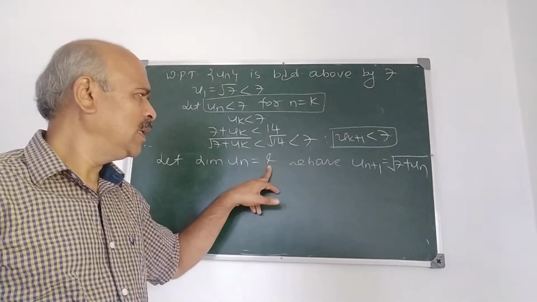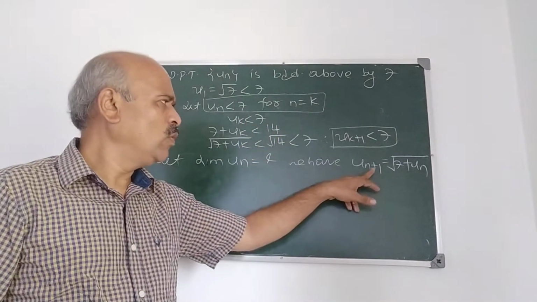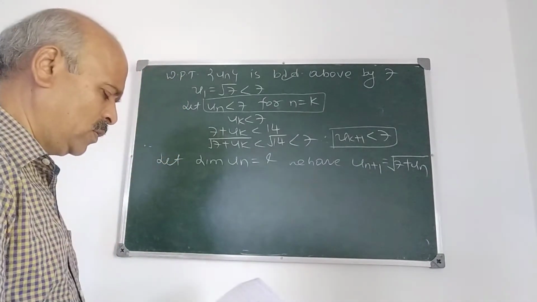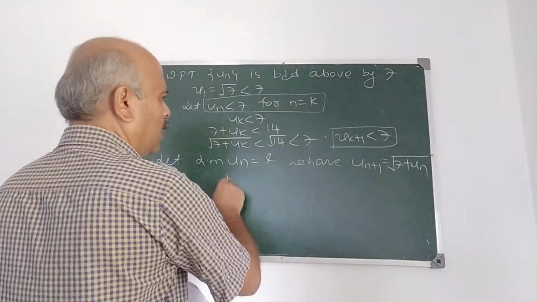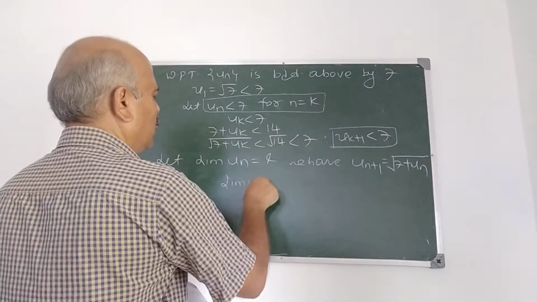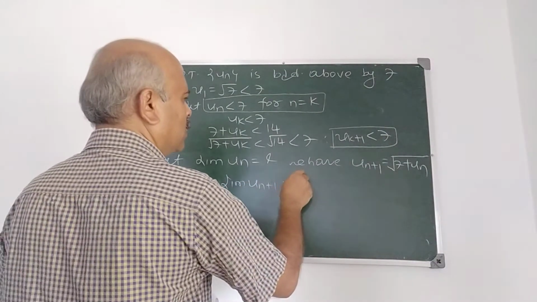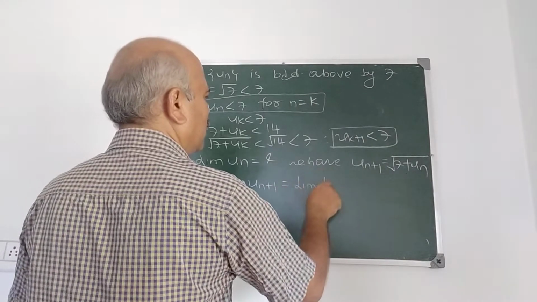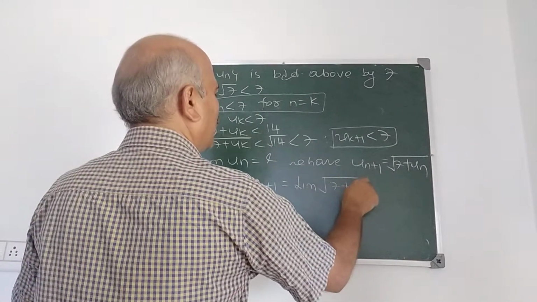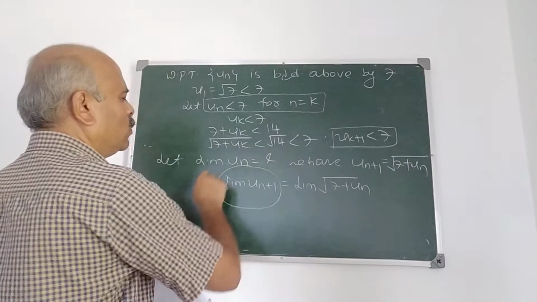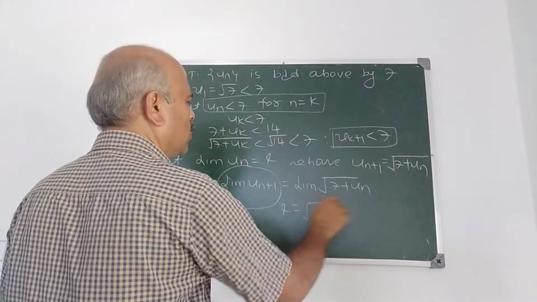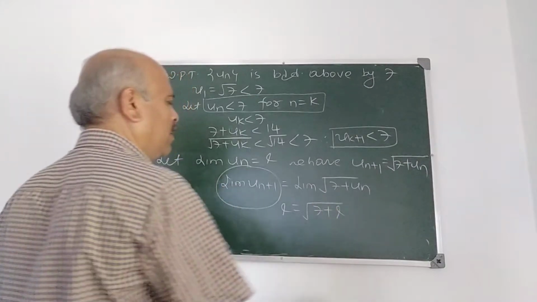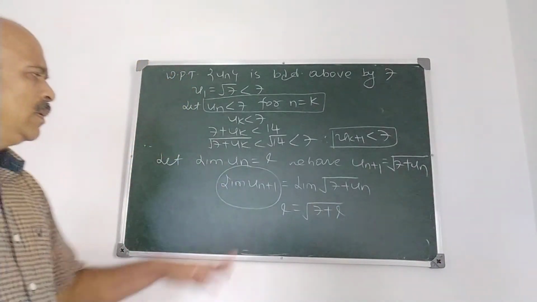Limit u_n is L. But we have u_{n+1} is root of 7 plus u_n. Therefore, limit u_{n+1} is limit root of 7 plus u_n. See, if limit u_n is L, u_{n+1} is also L, so it is root of 7 plus L. This is important.